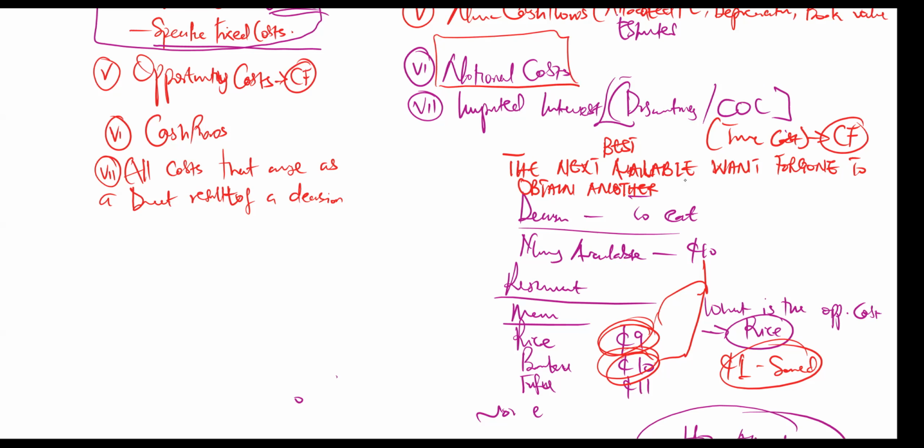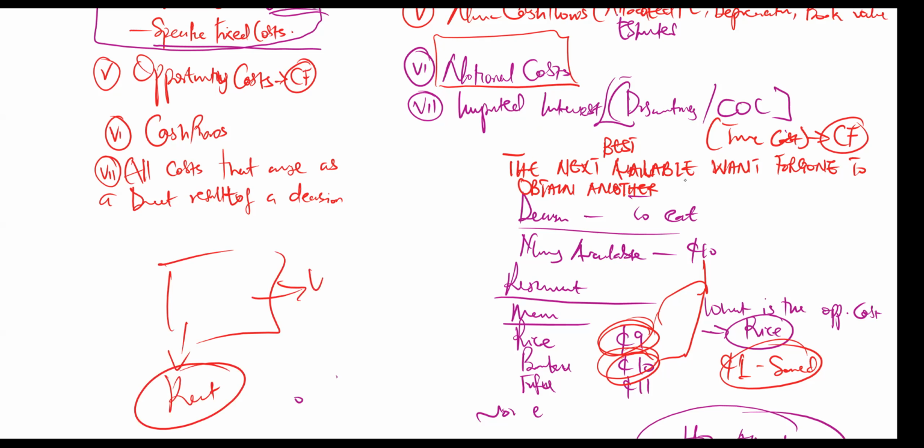Let me explain. Now, we have this warehouse which we are renting out, right? And then we also have a project, which is to use the warehouse to manufacture. So we have two decisions here.